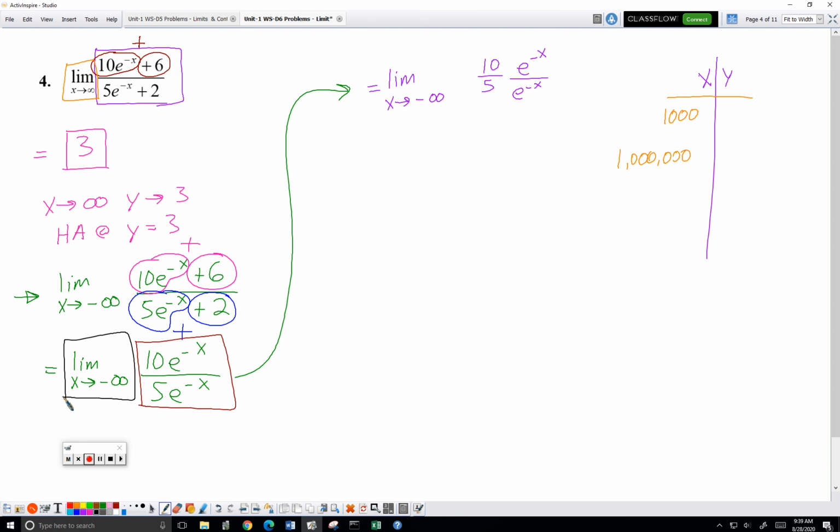Okay, let me restate it. The purple one, any xy pair. As soon as they put the limit there, they're just telling you what x they want you to use. Then what we did is we said, okay, we're going to do a new problem. Notice this box here is the same formula that we started with, right, TJ? Yeah. Good. New limit, though. You still think of them separately.